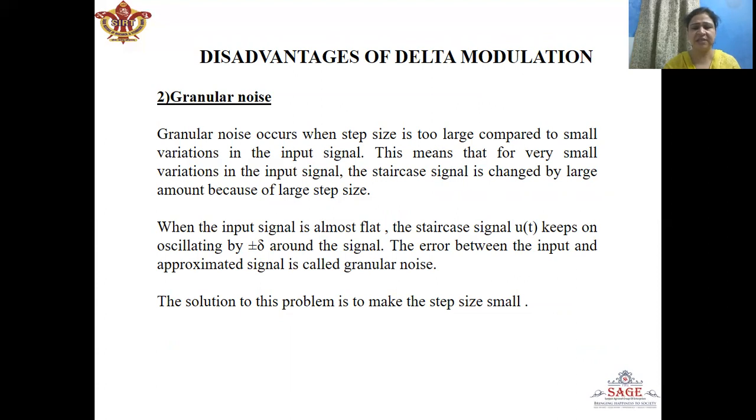When the input signal is almost flat, the staircase signal keeps on adding or subtracting plus minus delta around the signal. So there will always be a difference between the amplitude of the staircase signal and the message signal. This error between the input and approximated signal is called granular noise. To solve this problem, the step size should be made smaller.